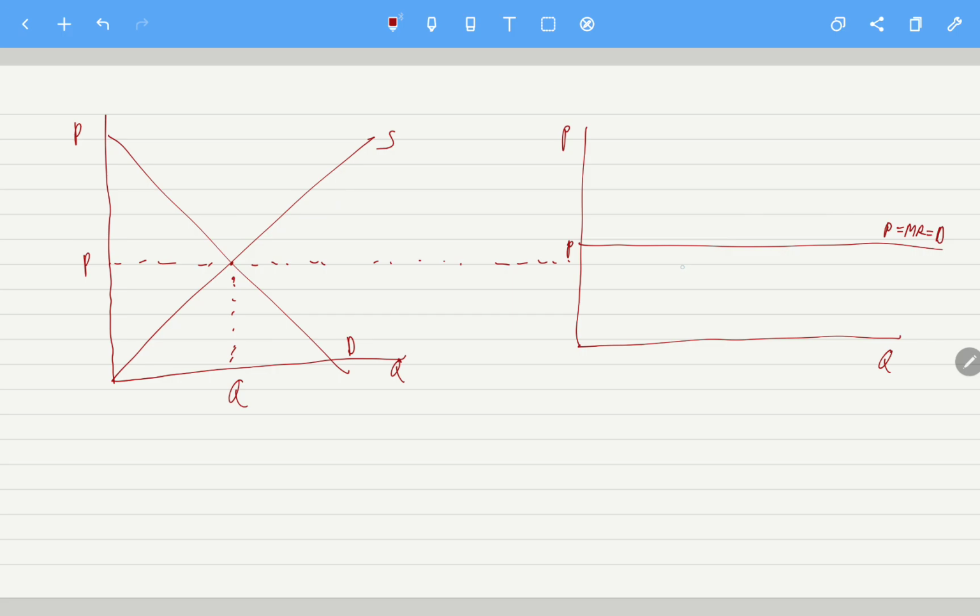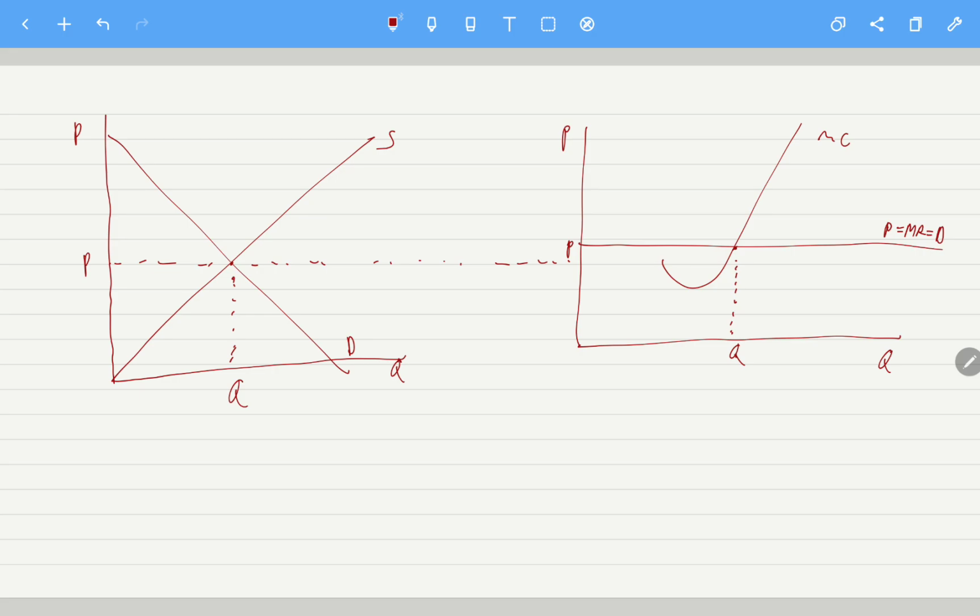Then we draw our Nike check mark here, which is MC. And then this is our price and quantity equilibrium, our profit maximizing quantity at P and Q.